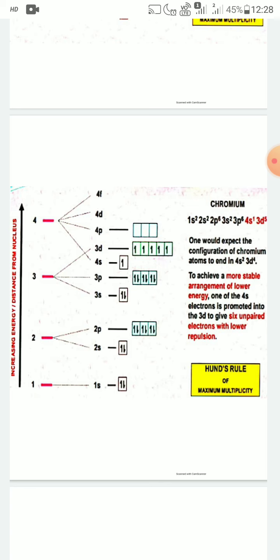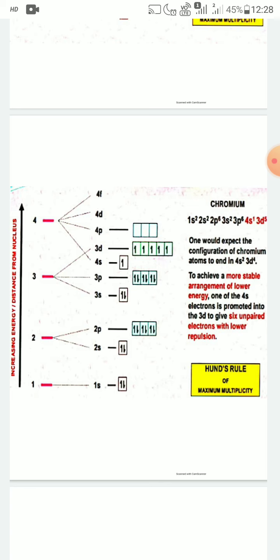But one would expect the configuration of the chromium atom to end in 4s2, 3d4. That is 1s2, 2s2, 2p6, 3s2, 3p6, 4s2, 3d4, which is not the stable electronic configuration of chromium. The stable electronic configuration of chromium is 1s2, 2s2, 2p6, 3s2, 3p6, 4s1, 3d5.